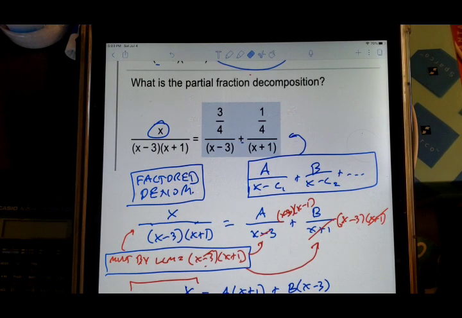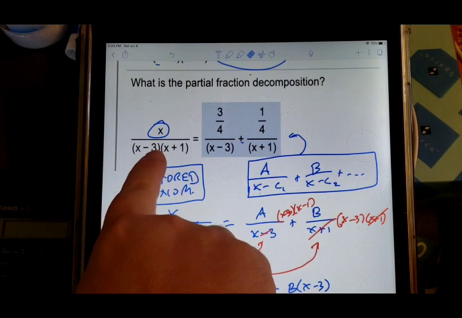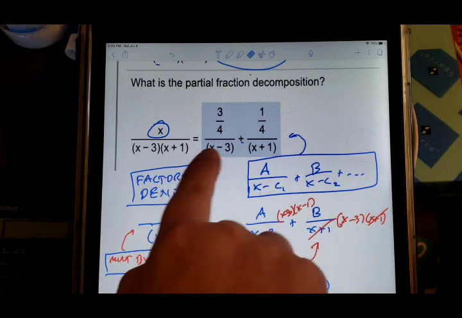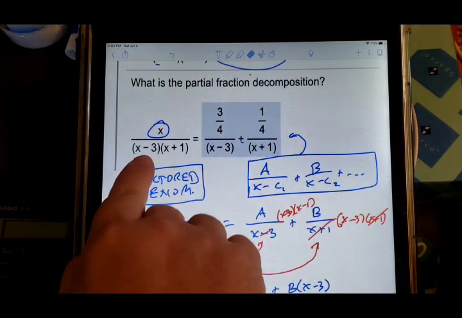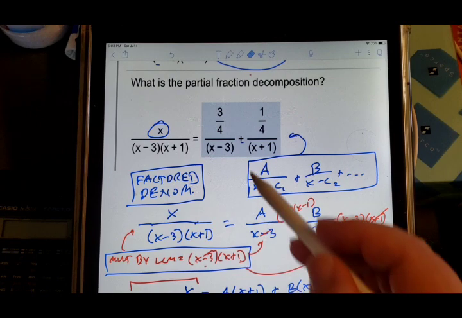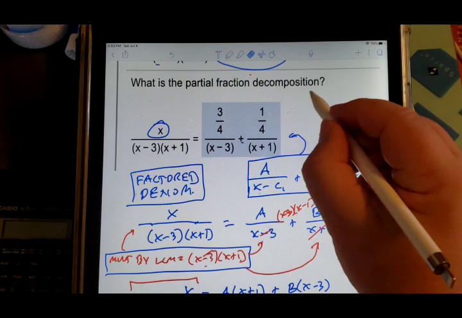So what we did was we considered, if this was the answer, what was the question? If this was the answer, what was added together to give me that answer? And that's what decomposition is. Decomposition is when you take something and you write it as a sum. And you probably did this when you were 6, 7, 8 years old.